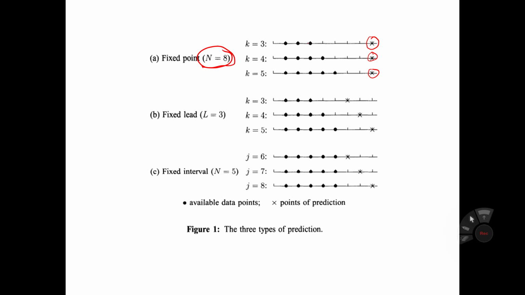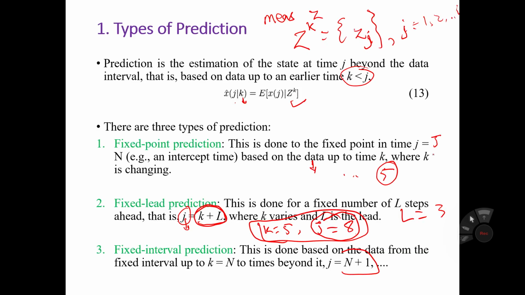It will predict 3, then the next 4, then 5, like this one. So 3 to 4, and 4 to 5, then 6, and then this equation, this fixed point prediction. If j equals 8, then the measurement up to time k, which is actually changing, like 1, 2, 3, 4, 5, is all available.